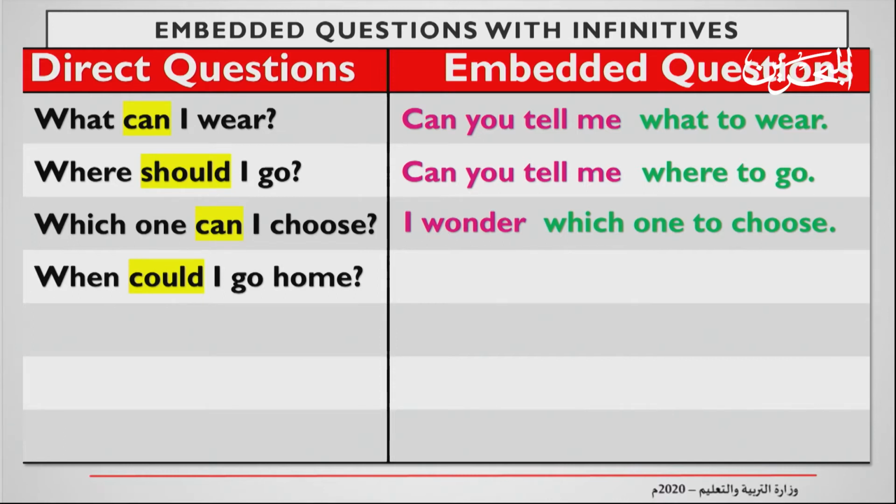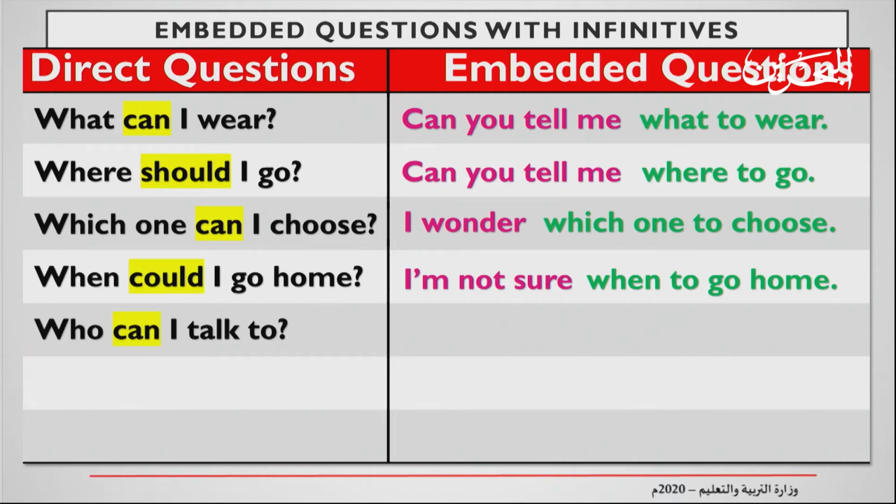When could I go home? Question mark. I introduce an introductory phrase. I'm not sure when to go home. Who can I talk to? Question mark. Introductory phrase. I'm not certain who to talk to.